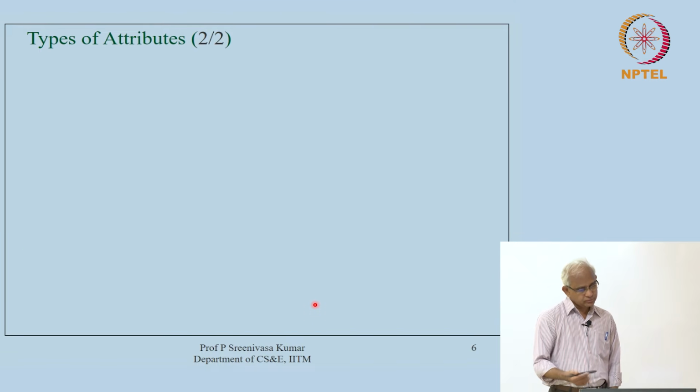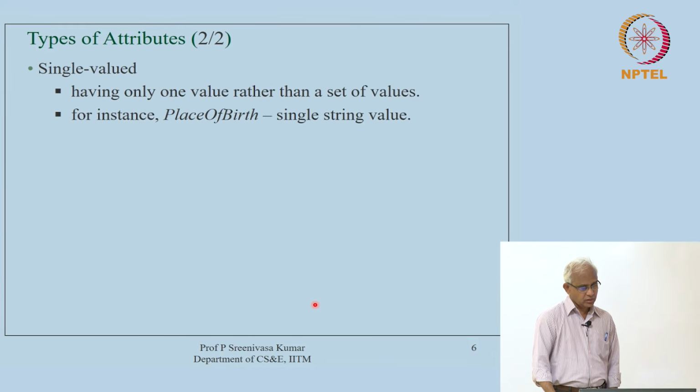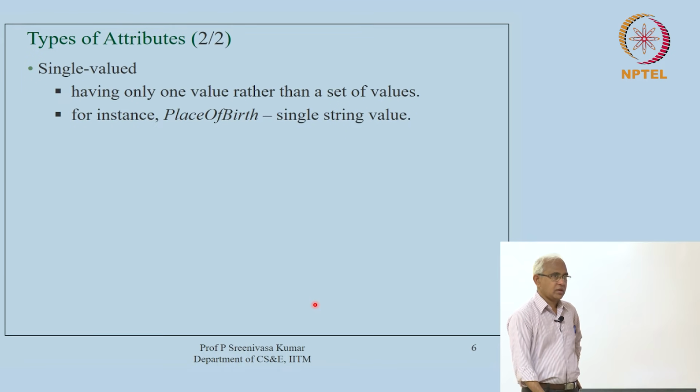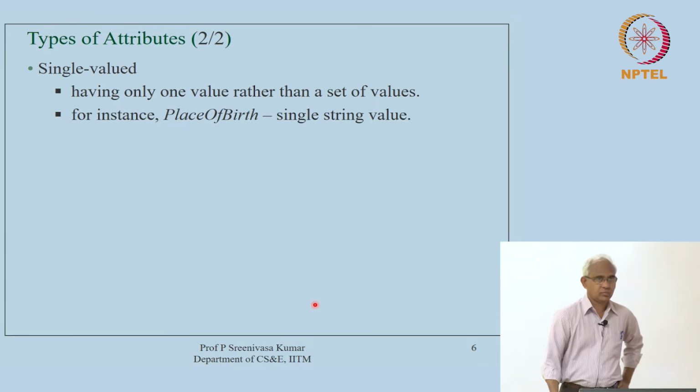Now, moving on, another kind of classification for attributes is whether the attribute is a single valued attribute. Is it just one value, or is it going to be a collection of values?